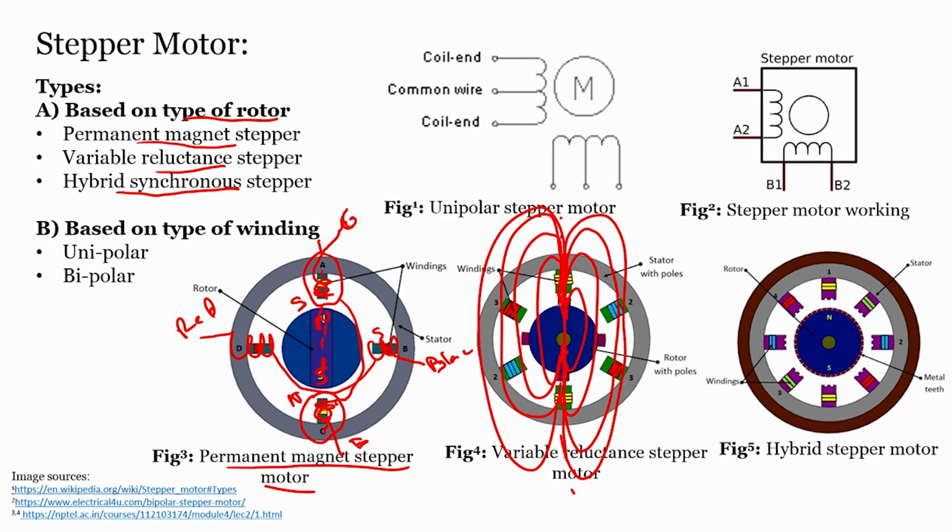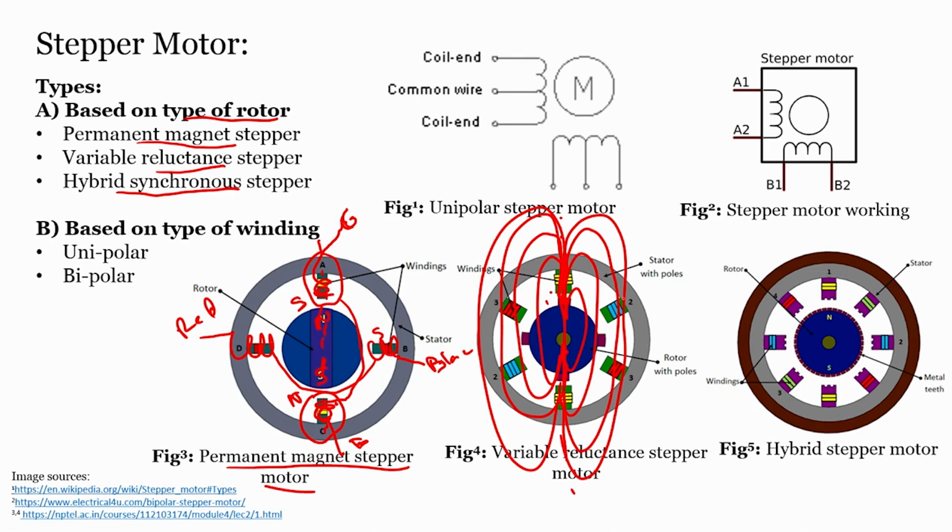So it will always try to reduce the reluctance. If the soft iron core here is not aligned, then the reluctance will be more. So the rotor will experience a magnetic force that tries to align it to the axis of the magnetic field, so that the reluctance will be minimum. It will also cause the rotor to rotate.